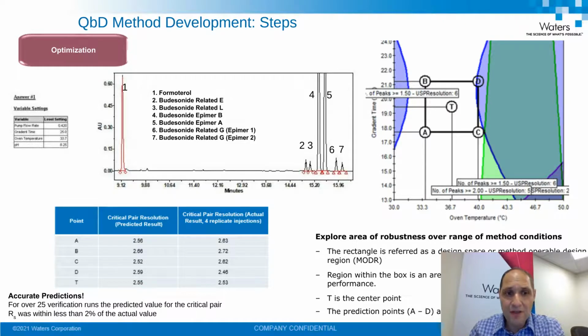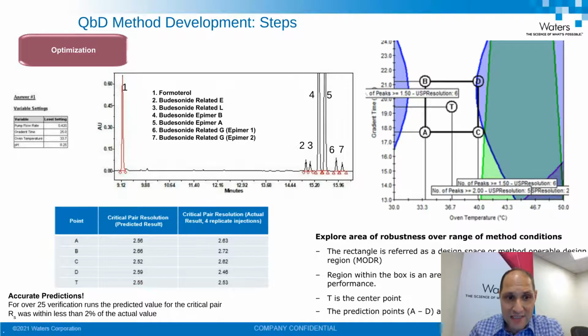The box or rectangle within the graph is referred to as the design space or method operable design region, which represents a region of acceptable and robust method performance.